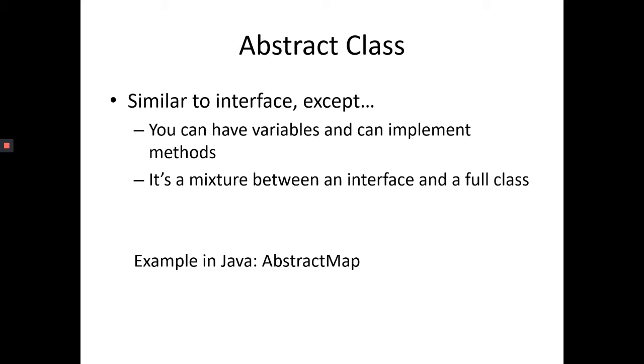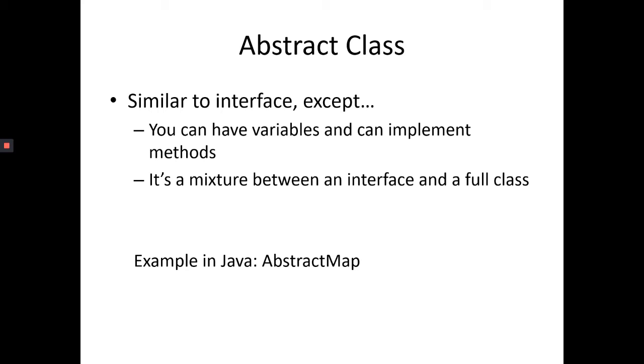Also, if you want to add some variables in there, go ahead and add those too. But again, the idea of the abstract class is that anything that follows or utilizes this abstract class will have access to those variables, will have access to those methods that were implemented, and must have the abstract methods there.